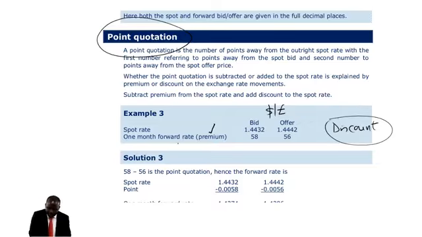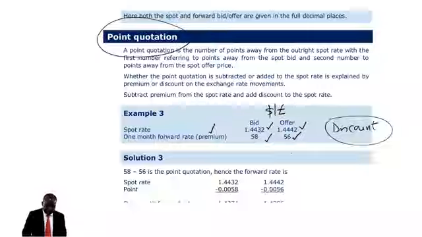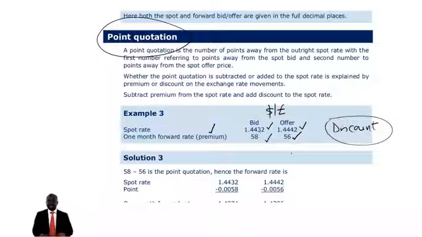Once 1 month forward rate is given to me in point, it means they found the difference between the spot rate and the outright forward. That difference is what gave me the 58. They also found the difference between the spot rate and the outright forward, and they got this 56. So for me to get the outright forward rate, I would have to either add this to that, or I would have to deduct.